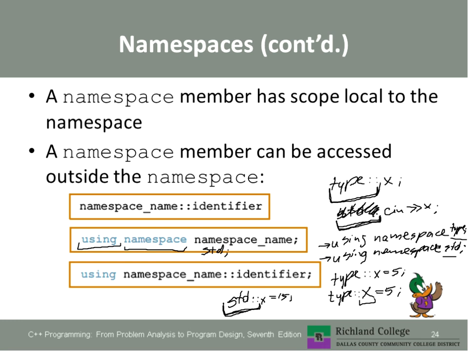Now, if you do not have X in both the type and std namespaces, then you can just use X equals, let's say, 20. If type has X and no other global identifier exists as X, the compiler will know exactly that X in type needs to be updated. Because you're using the using statement, it knows what rooms are available, so it will have no problem finding the right X.